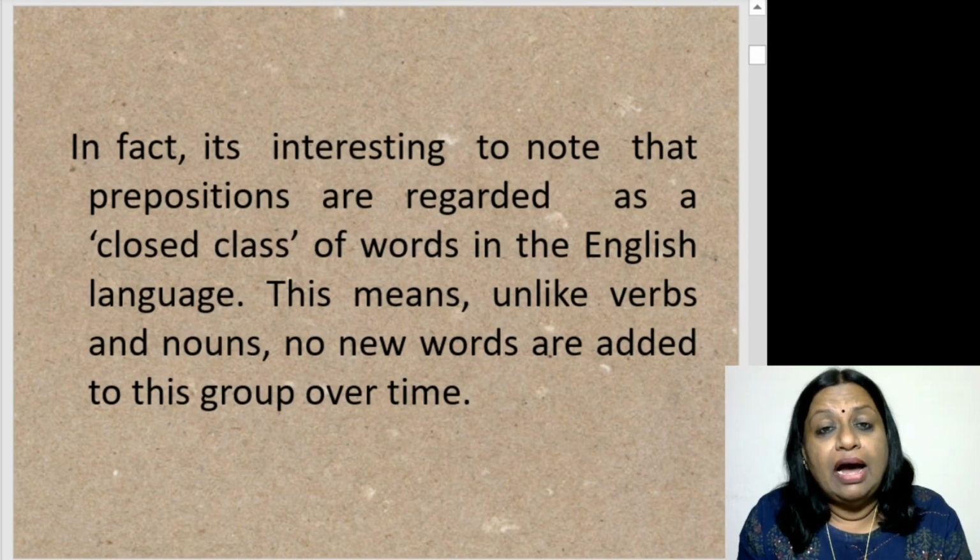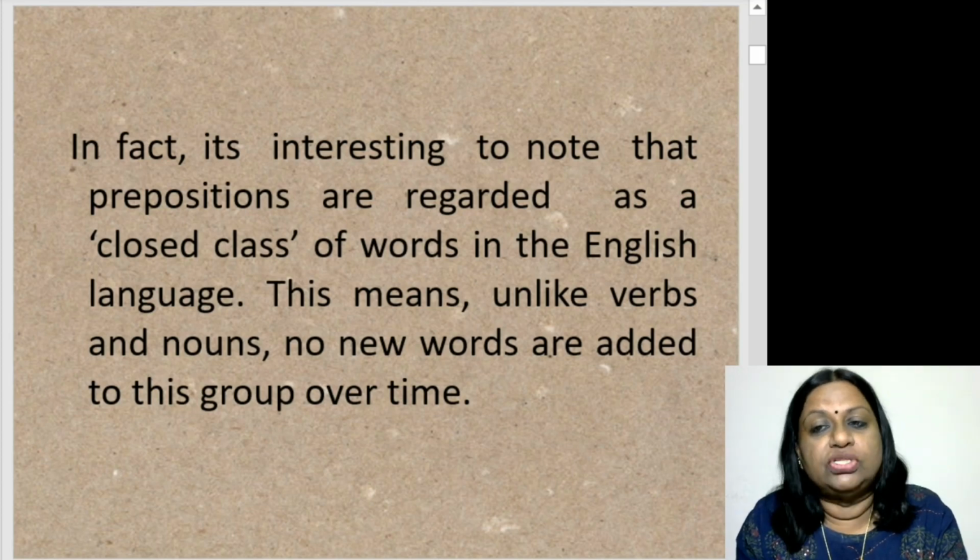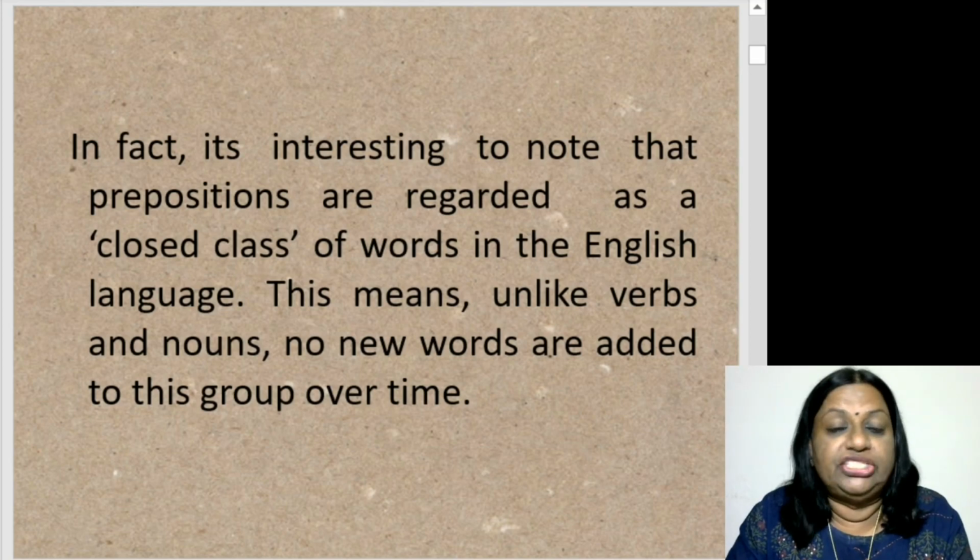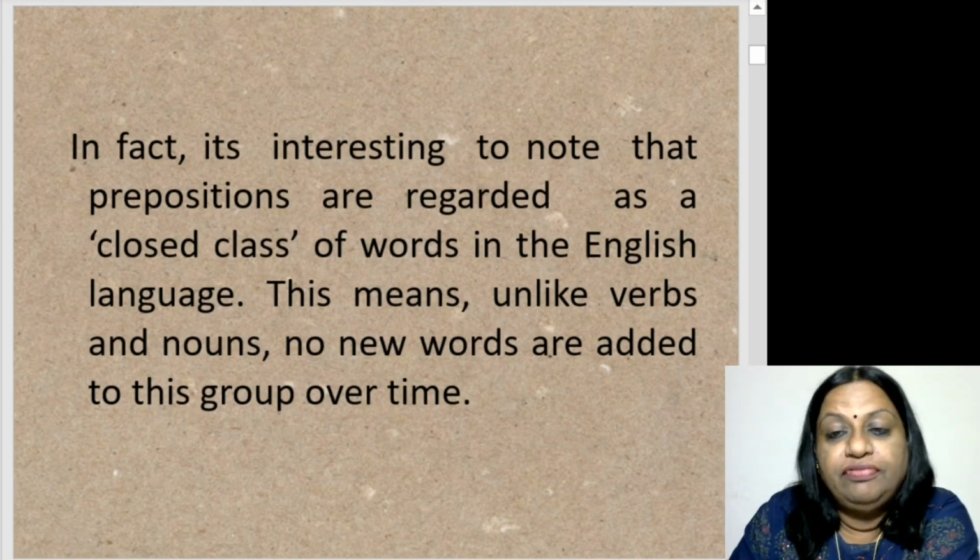But they are usually nouns and verbs, not prepositions. So the prepositions, around 100 to 150 of them, are a closed class of words and no new prepositions have been added over a period of time.